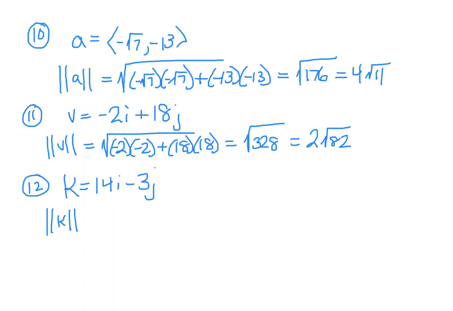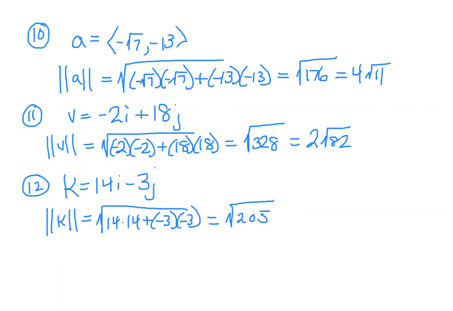Magnitude of k equals the square root of 14 times 14 plus negative 3 times negative 3 equals the square root of 205, which I don't think anything goes into that. I think that is simplified like that.